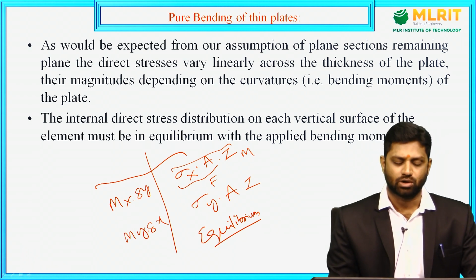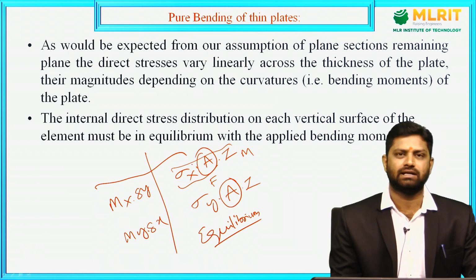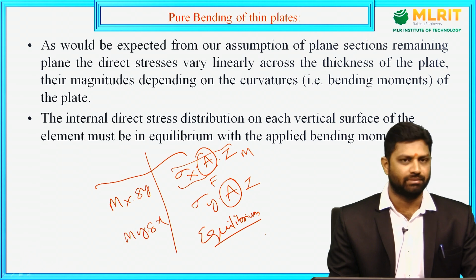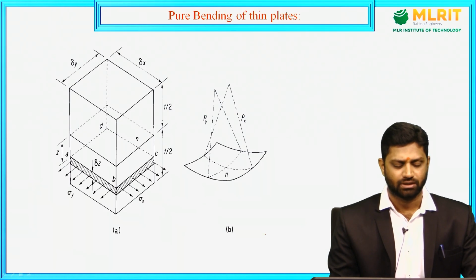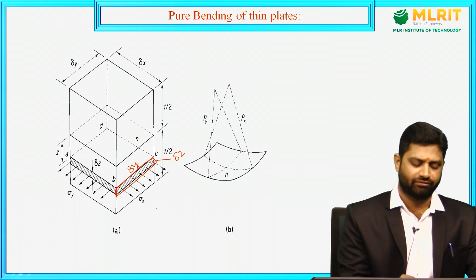In this fashion we are going to write, and the area we are going to write is the area of the element. Now let's go back and see how we can write the area of the element. If you look at this element, this is delta y, and we are considering the thickness as delta z. So the area for this element is delta y and delta z.